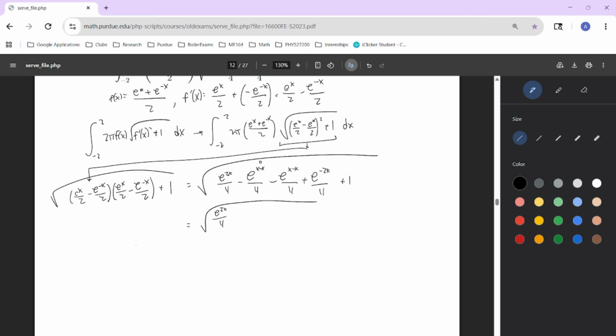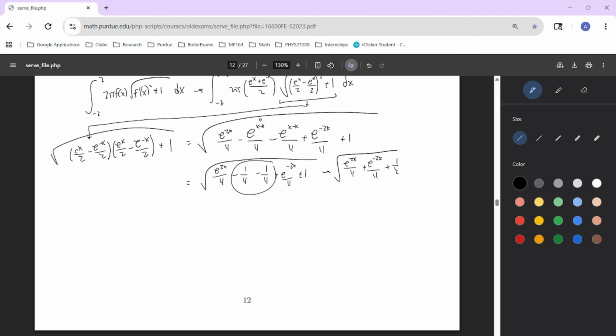This becomes 0, so e to the 0 is 1, minus 1/4, minus 1/4, and then plus e to the negative 2x over 4, and then plus 1. That becomes e to the 2x over 4 plus e to the negative 2x over 4, and that becomes plus 1/2, because negative 1/2 plus 1 would be 1/2.